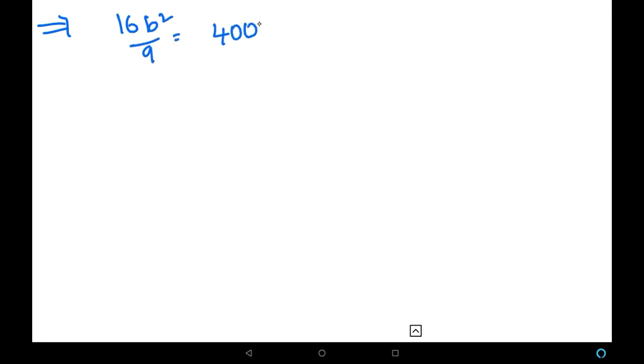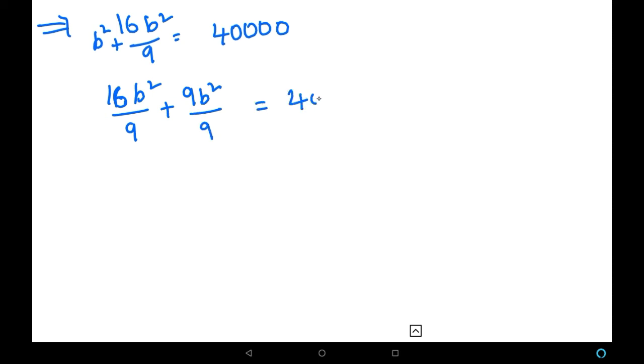Taking the LCM, it becomes 16B square plus 9B square by 9, which is equal to 40,000.